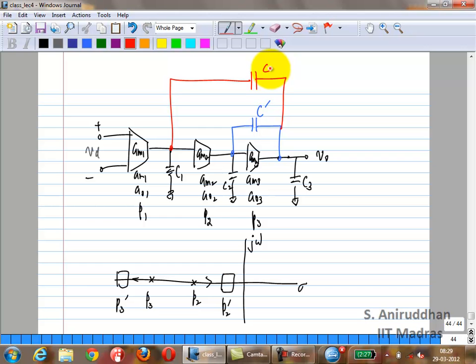No, P2, now you have P2 prime and P3 prime. You no longer have P2 and P3. What is going to happen to P2 prime? It will move left. Why will it move left? Actually, why will it move left? It doesn't change at all?